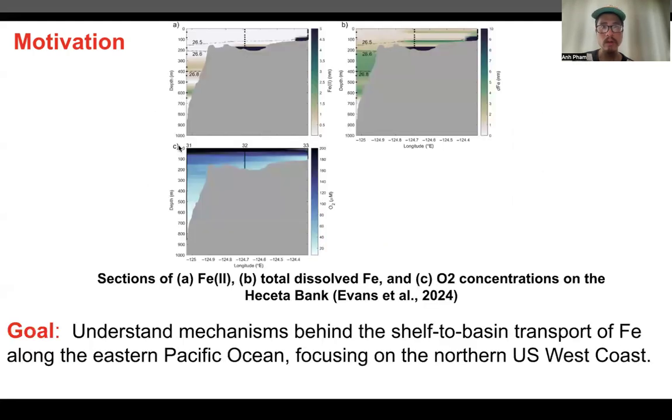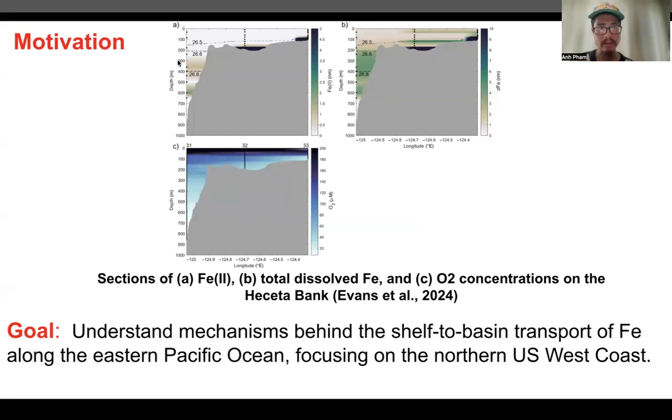Also, with our collaborators at the University of Southern California, we have measurements and observations confirming the release of iron from benthic sediments along the California current in the Heceta Bank, and the transport of iron from coastal areas to the open ocean, as shown in the figure here, showing sections of iron(II), total dissolved iron, and oxygen concentrations on the Heceta Bank.